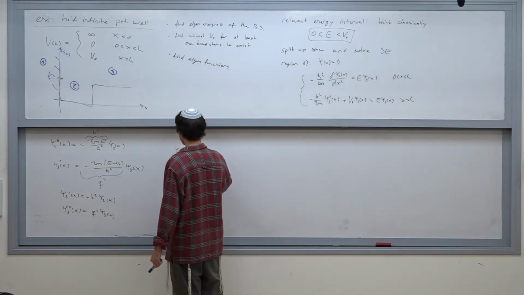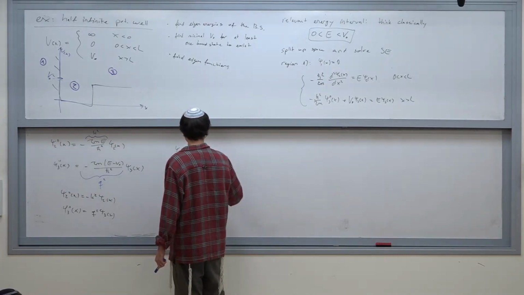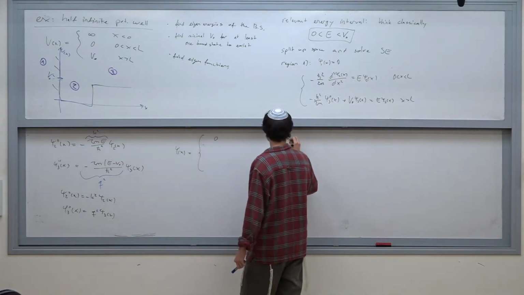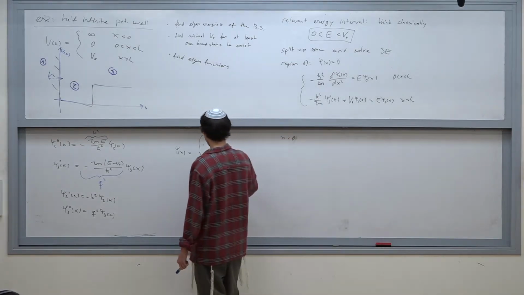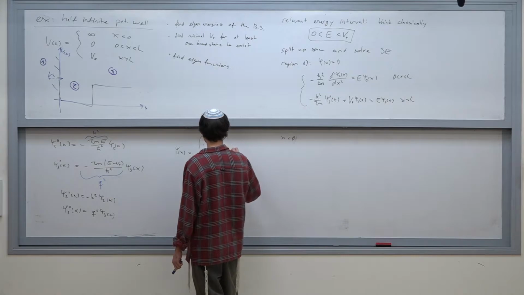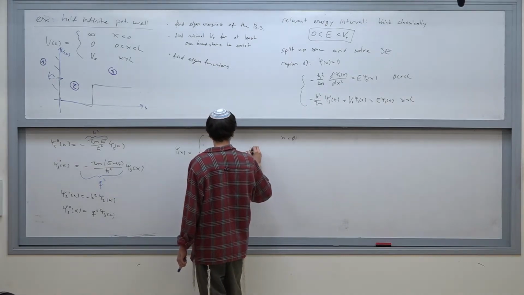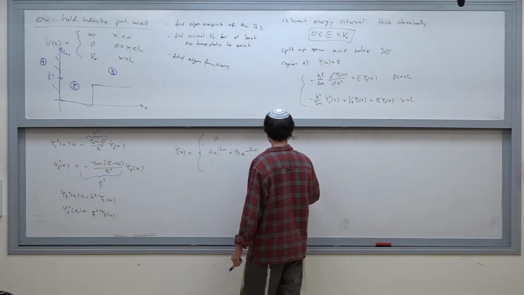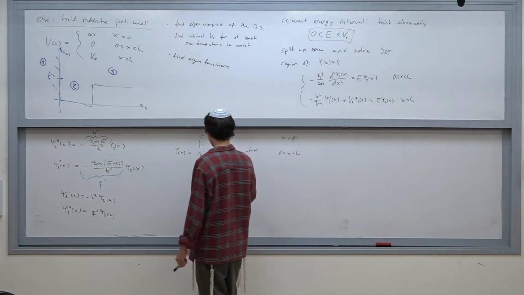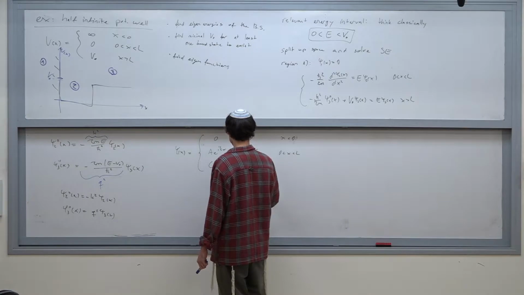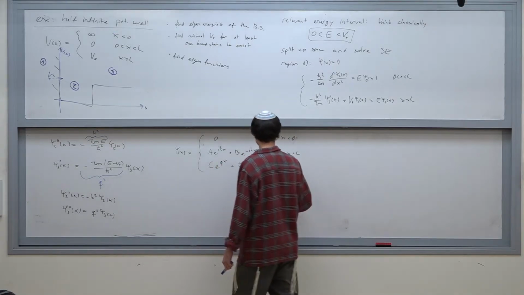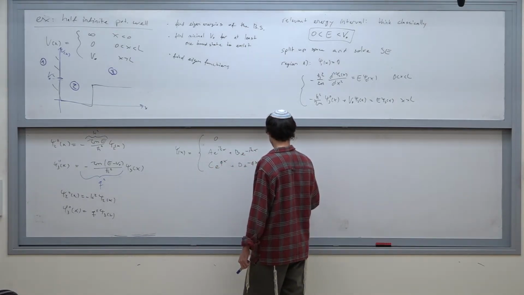So we find ψ(x) equals 0 for x smaller than 0, A e^(ikx) plus B e^(−ikx) inside the well, and C e^(qx) plus D e^(−qx) at x larger than L.